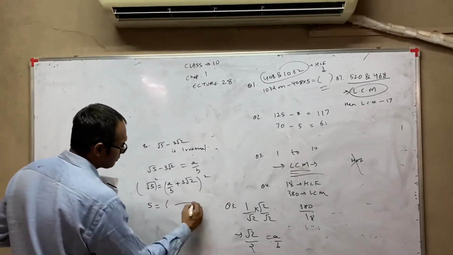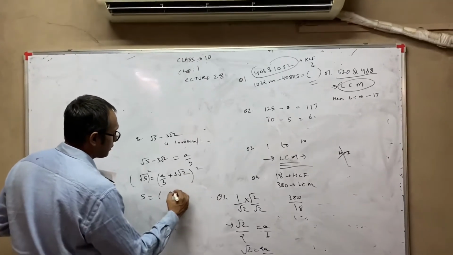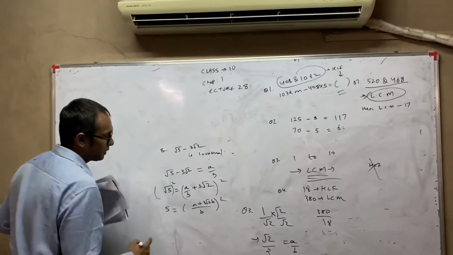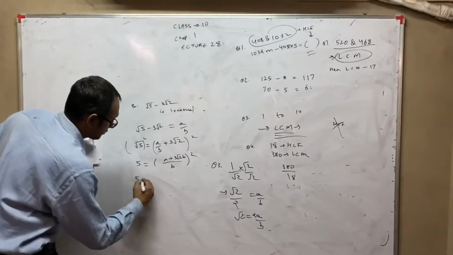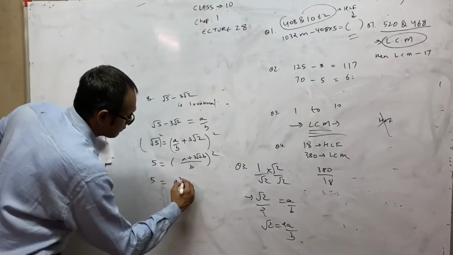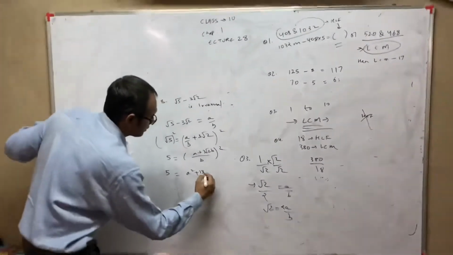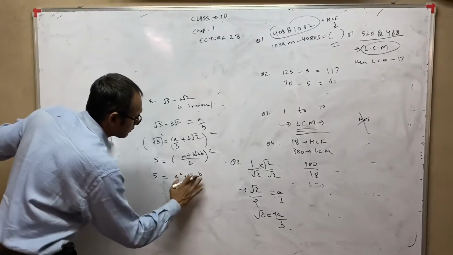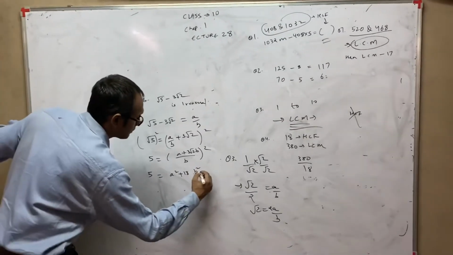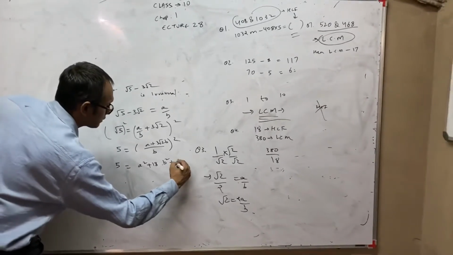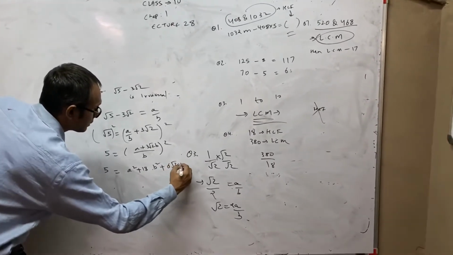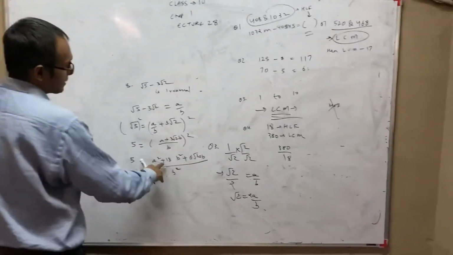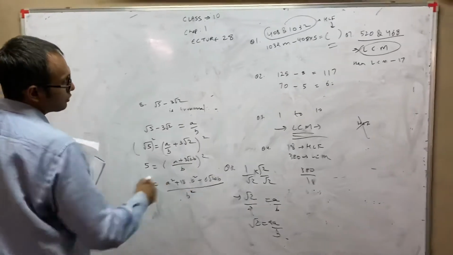Here I'll just do this one step first. a squared, 9, b squared plus 2a squared plus 18b squared plus 6 root 2 ab.